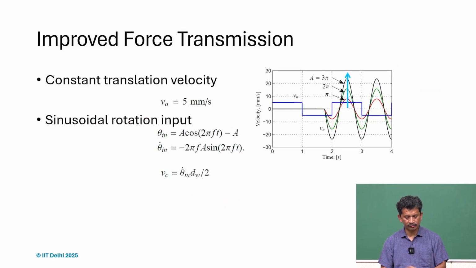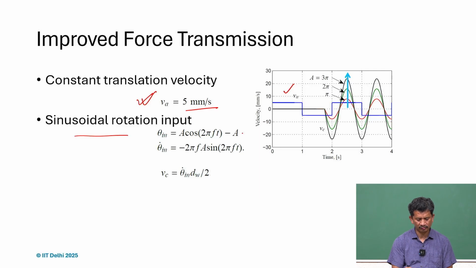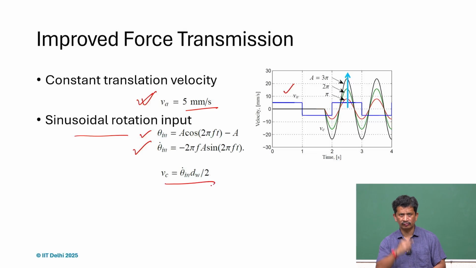Analytically we also try to simulate this. We have the translation velocity in the instrument, this is Va, translating back and forth in plus minus directions with an amplitude of 5 millimeter per second. This is what you see, the blue line. Then we added the sinusoidal rotation motion, with theta dot, and we can get Vc, the combined motion, and then we superimpose.